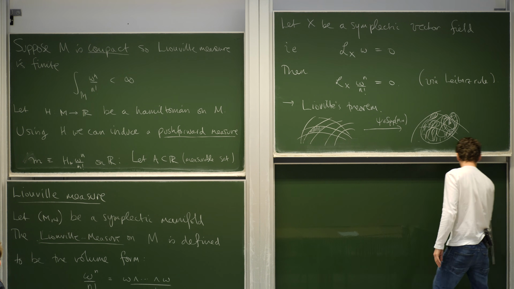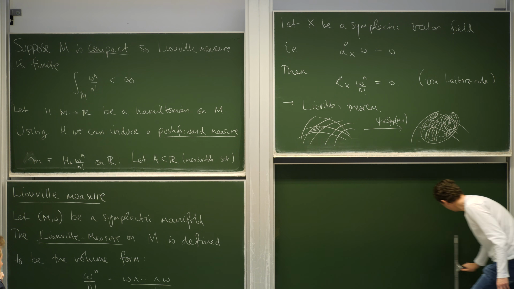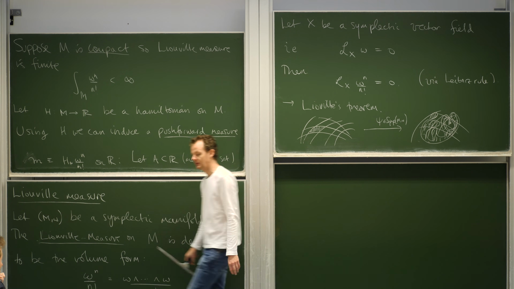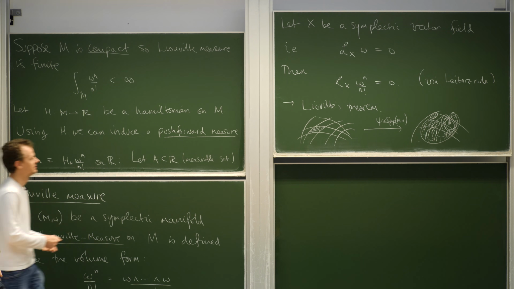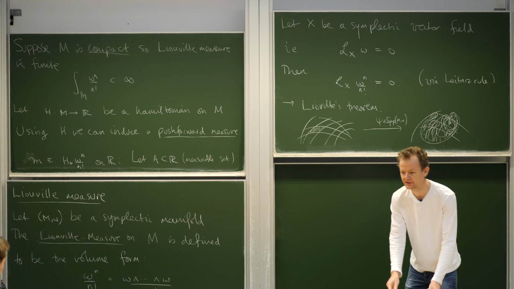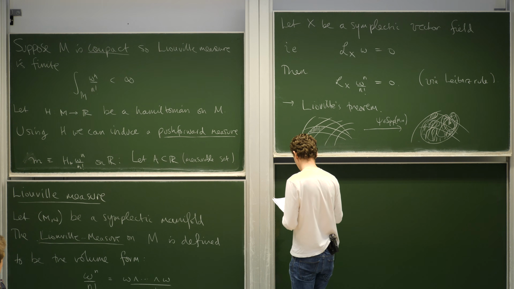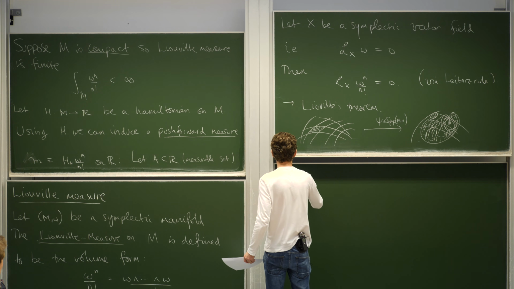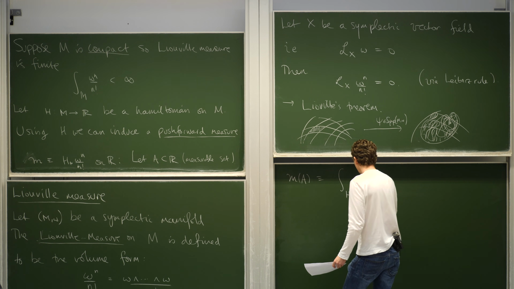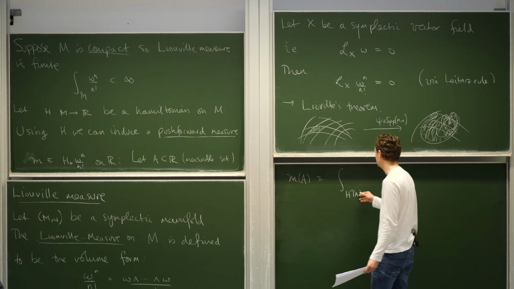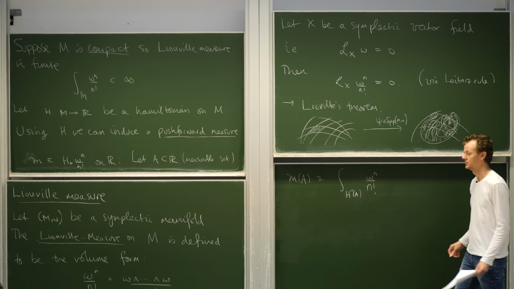So we're saying this measure here, little m, is telling us the area of all the states in phase space whose energy lies in some band. That's the physics behind this measure. What proportion of phase space has energy inside this band A, if indeed A is an interval? So let's define this measure now. Little m of A is defined to be the integral over the pre-image of A, so the set of states with energy in A. And how do we measure area? Well, with a Liouville measure like that.